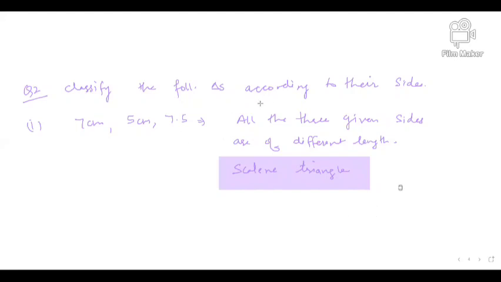Now let's move to the second part of the given question. The second part is given as 3.8 centimeter, 4.9 centimeter, 3.8 centimeter.